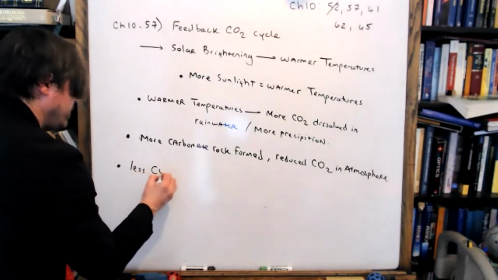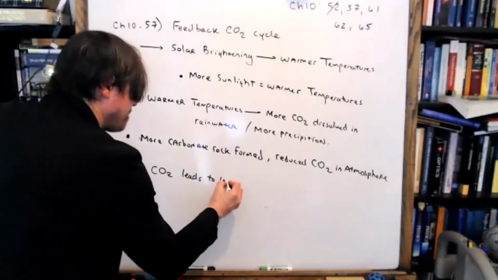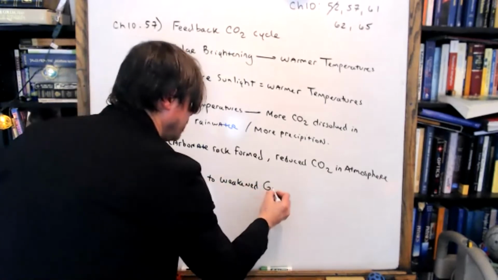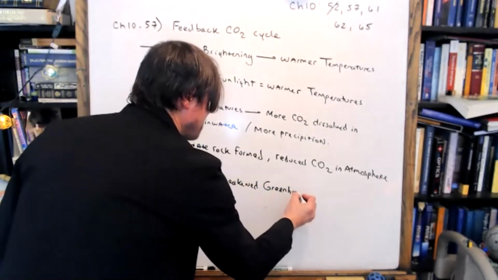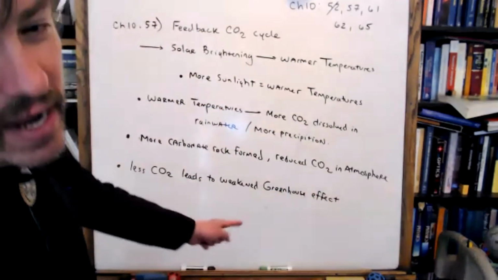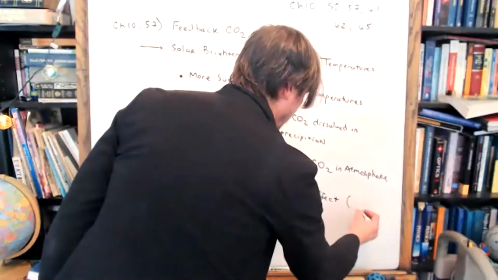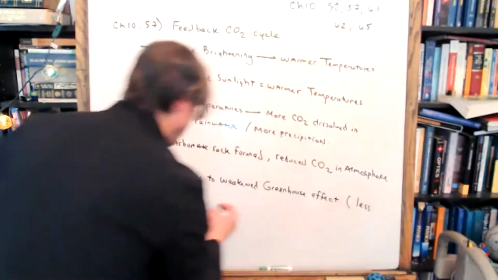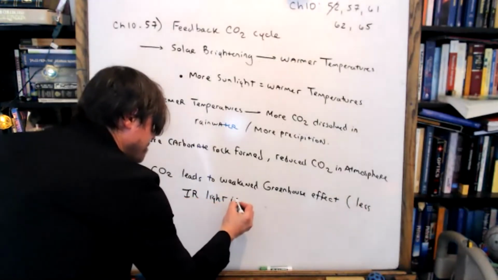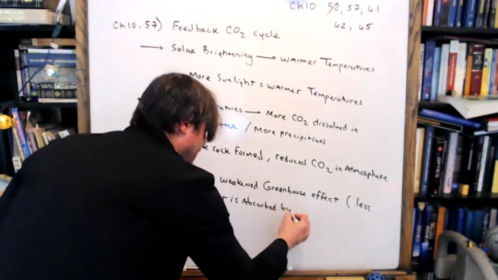Less CO2 leads to a weakened greenhouse effect. And I want to be clear what I mean by a weakened greenhouse effect. Basically, what's happening, in parentheses, is less infrared light is absorbed by the atmosphere.